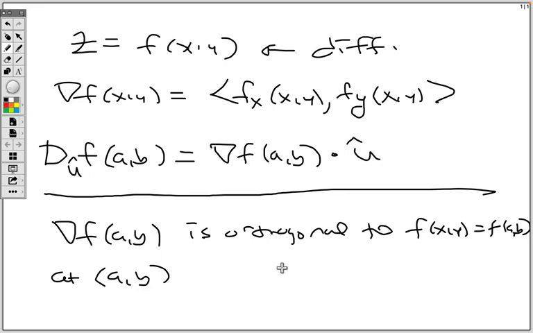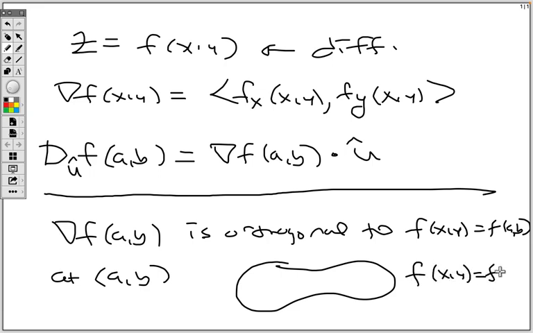So if we look at the surface and we slice it, and we look at f of x, y equals f of a, b, and we get our contour here, then if I pick the point a, b, and look at the tangent line here, the gradient is going to be orthogonal to it. Right? And not only that, we know from properties of the dot product that the gradient is going to point in the direction of maximum increase. Okay?